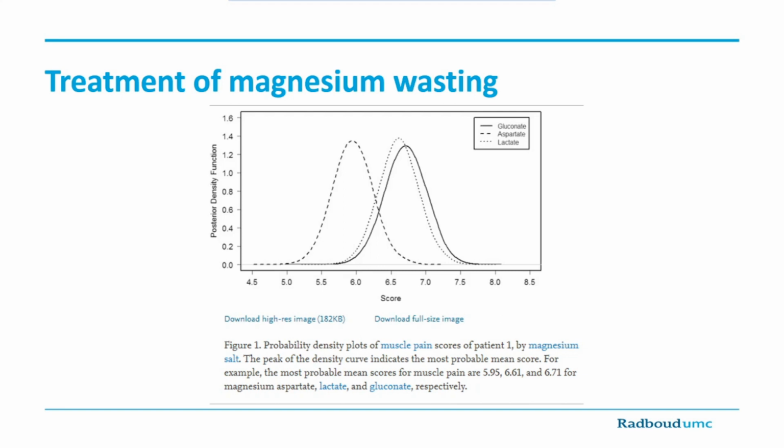An important part of this is Bayesian data analysis. Especially in rare diseases where randomized clinical trials are not feasible, N of 1 trials can be of great value for clinical practice. And we'll leave it at that.